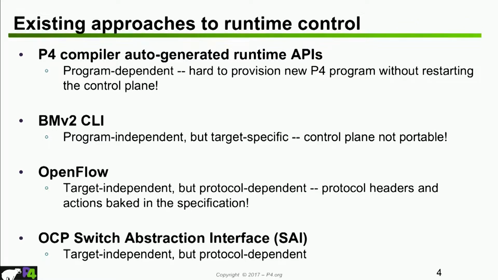If you take the example of the previous exercise, what we call the MyTunneling protocol, if you would like to control a device with that MyTunnel P4 program using OpenFlow, then you will need to extend OpenFlow. The same thing for the Open Compute Project's switch abstraction interface. It's target independent, but protocol dependent.